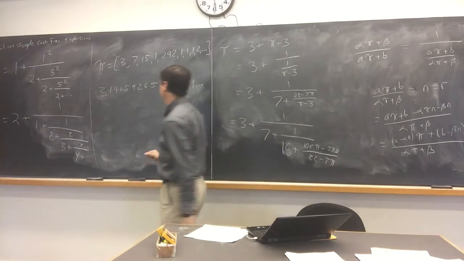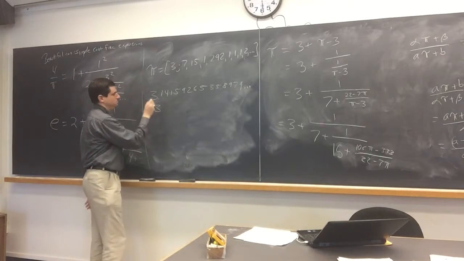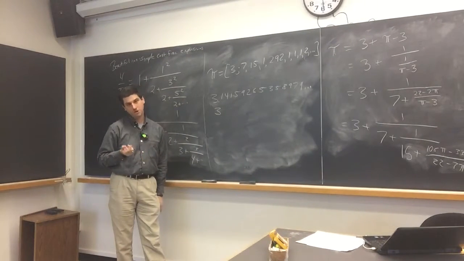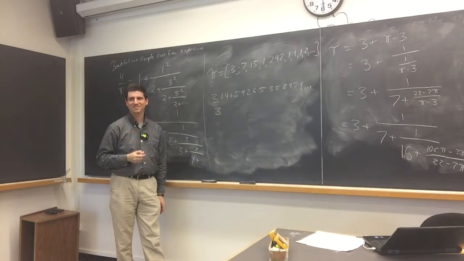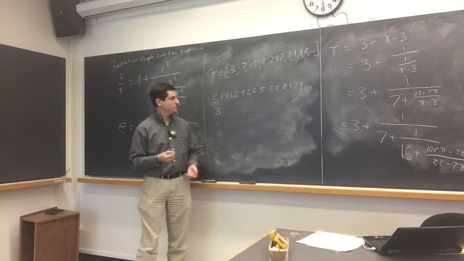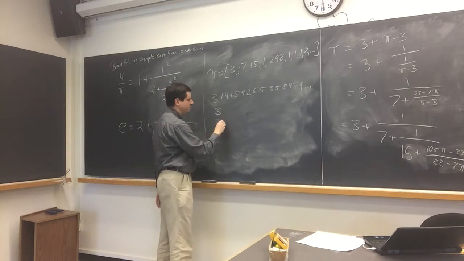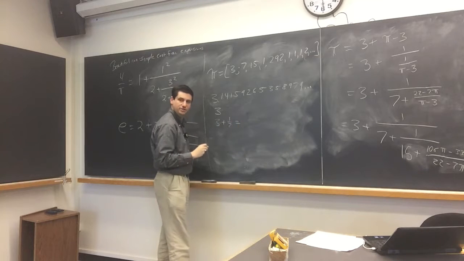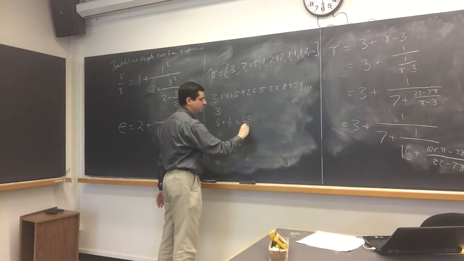Our first approximation is 3. Right? I'm really not expecting to do much better if I'm just using an integer. The next one is one of the more famous ones, 3 plus 1/7, also known as 22 sevenths, which you might have heard of.